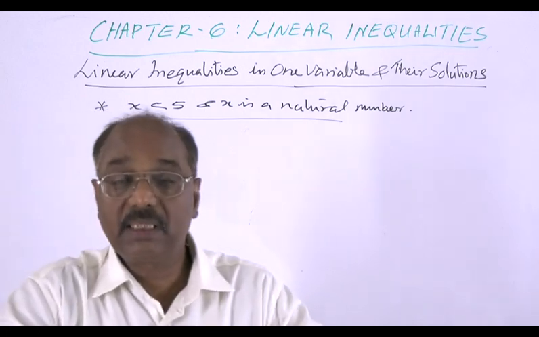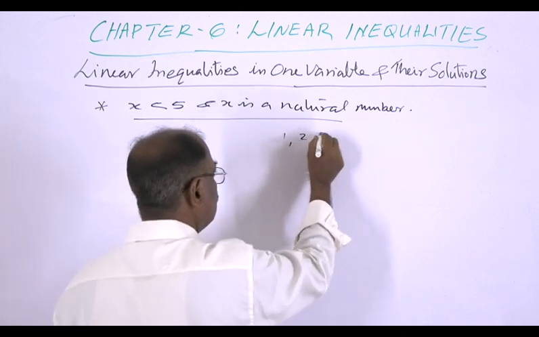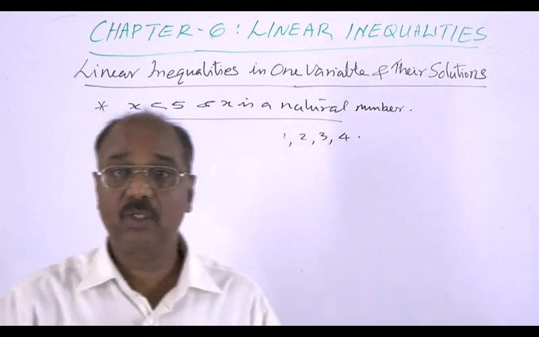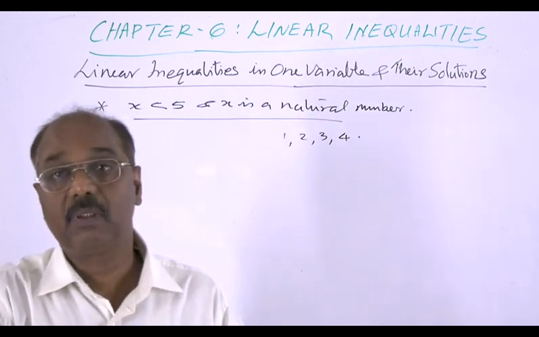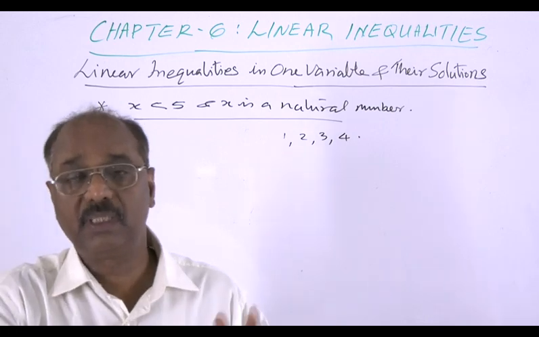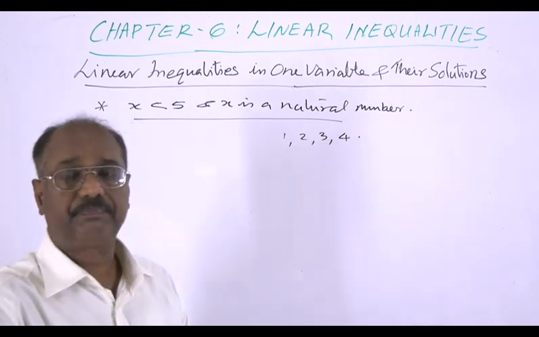The natural numbers less than 5 are 1, 2, 3 and 4. Strictly less than 5, so 5 cannot be included. Therefore, these values constitute the solution.